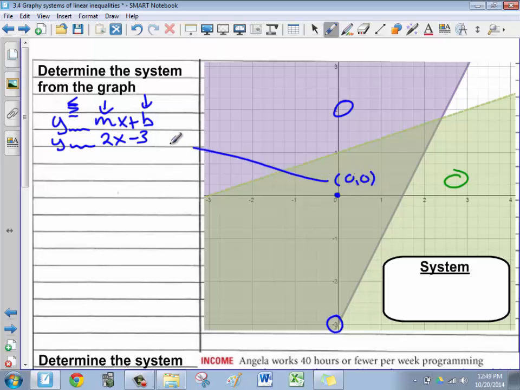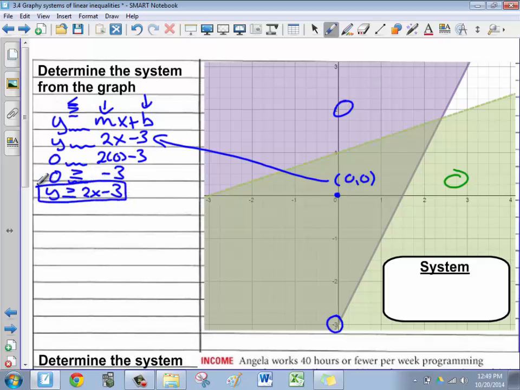So we put 0 in: 0 is something 2 times 0 minus 3. 0 is something minus 3. Which one's bigger, 0 or minus 3? Well, 0 is bigger. So there's our inequality. We'll rewrite this as y is greater than or equal to 2x minus 3. We pretty much rewrite this with our inequality right there. So that is our blue equation.